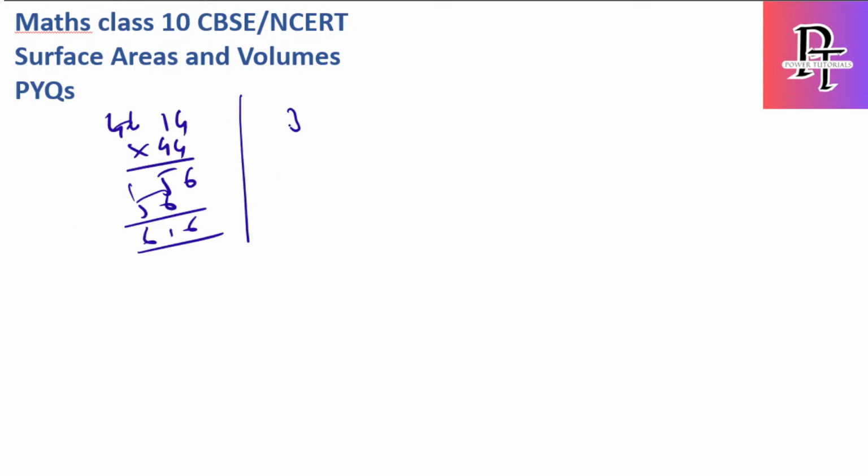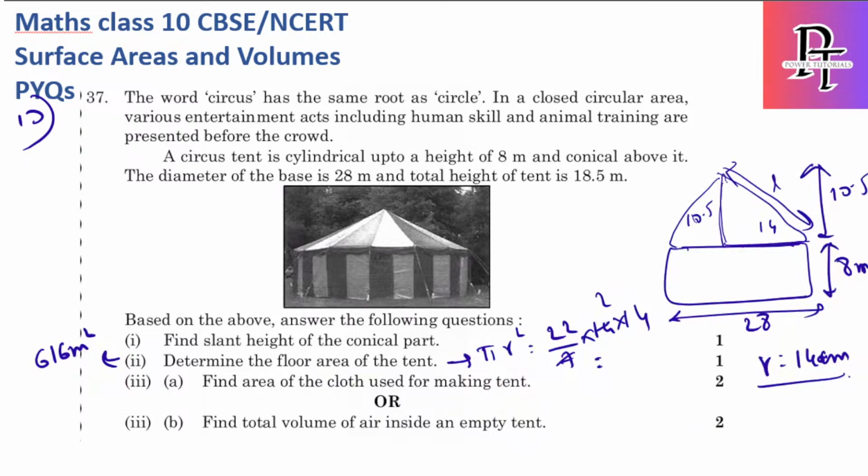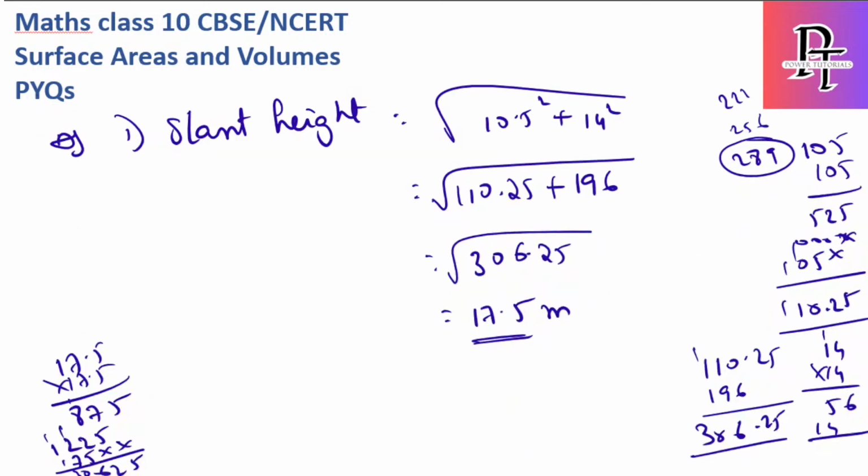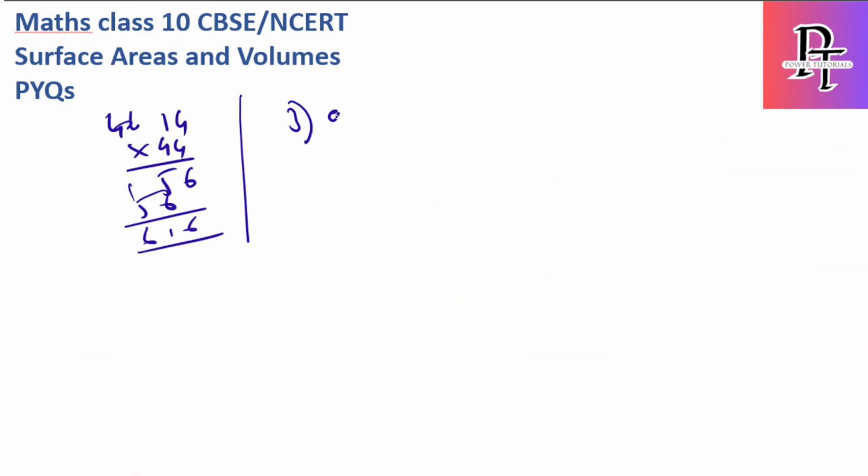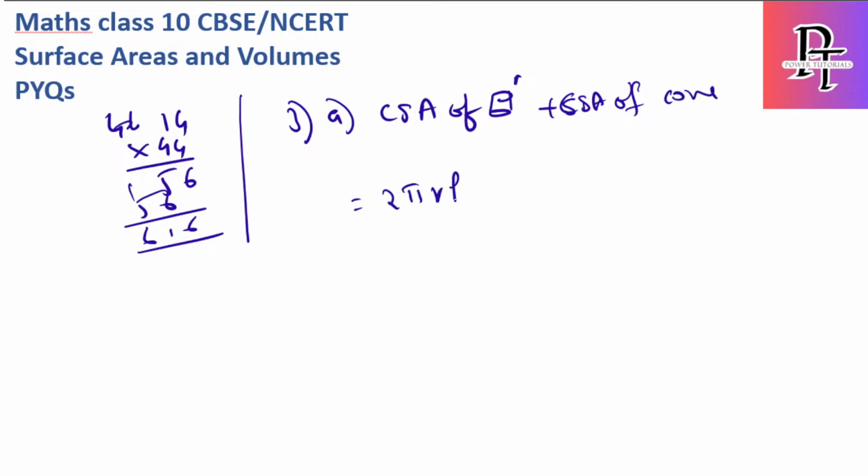So let the curved part here be nothing but CSA of cylinder plus CSA of cone. CSA of cylinder is 2 pi RH, CSA of cone is pi RL.